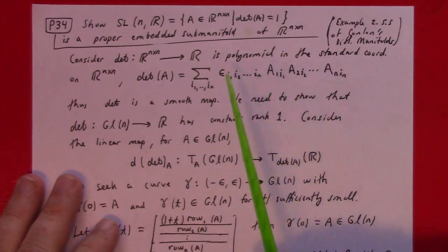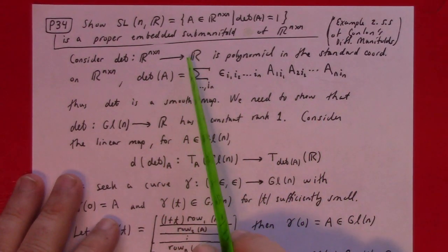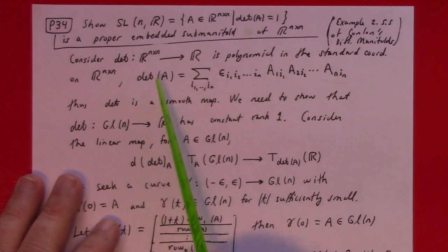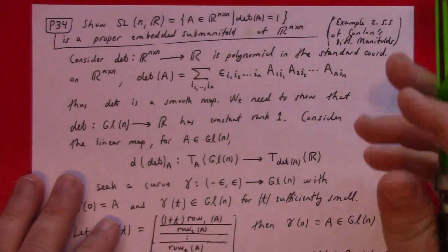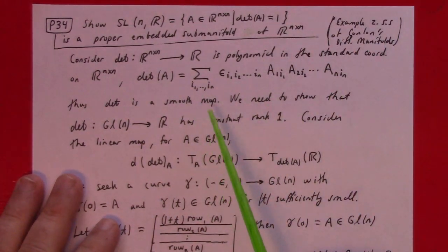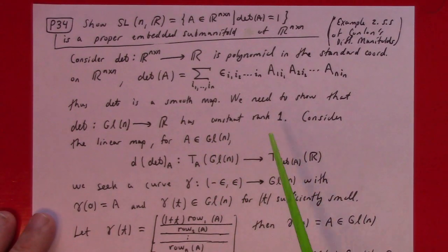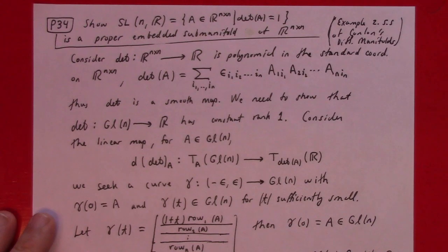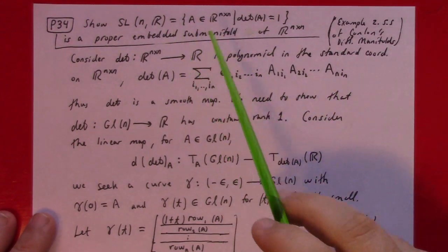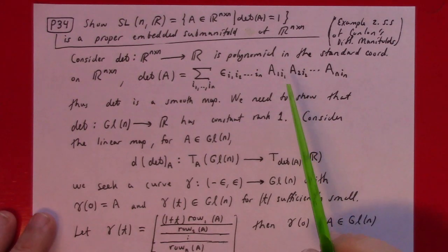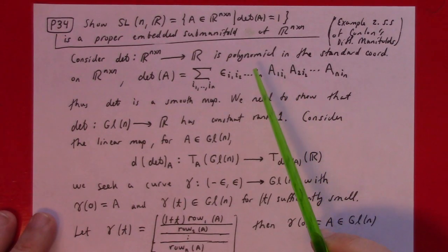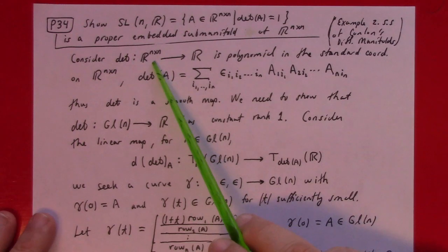But here, for example, the determinant is a polynomial in the standard coordinates, right? There's the formula for it. So the determinant is a smooth map, and we just need to show that it has constant rank 1. If we can show that, that would suffice to prove that SLNR is an embedded submanifold of dimension n squared minus 1.